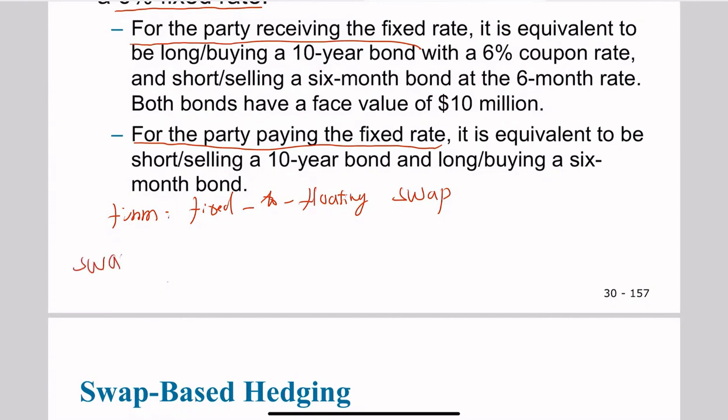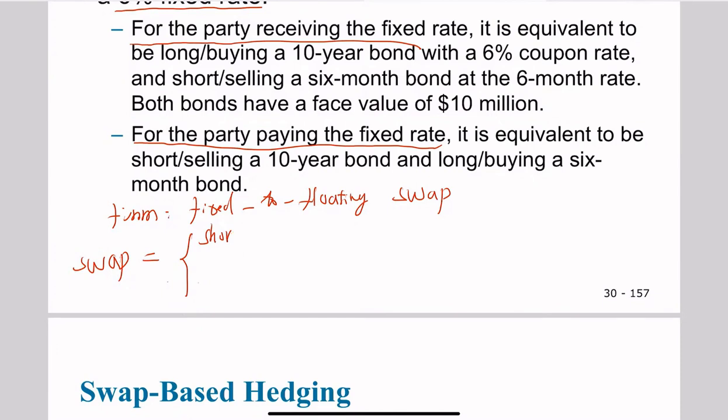Now the claim is the swap is the same as a short position or selling, right? Well, because taking a short position is the same as selling in the case of a bond, right?